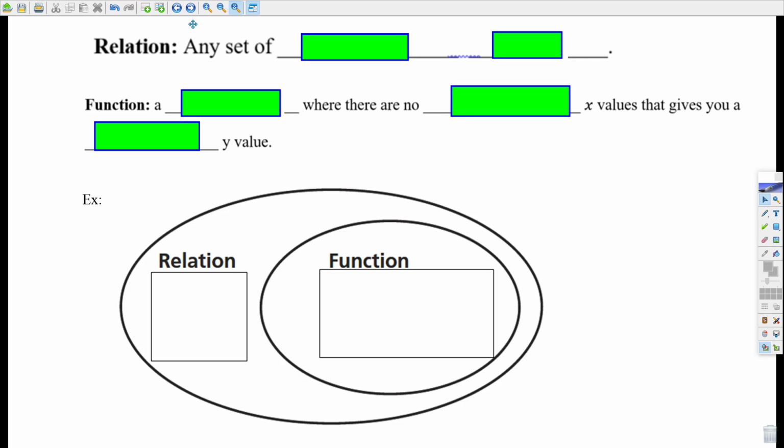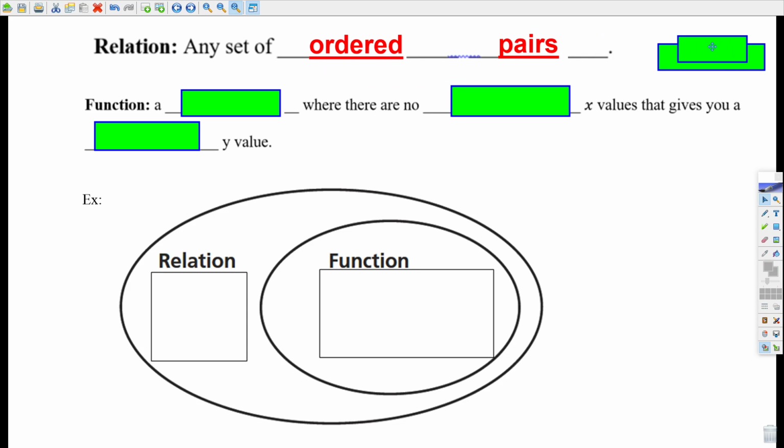So let's actually talk about the difference between a relation and a function. A relation is very simple. It's just any set of ordered pairs. So all the ordered pairs that we were writing down in the previous example, all of them combined would just be a relation. But to be a function, you have to have something very specific.